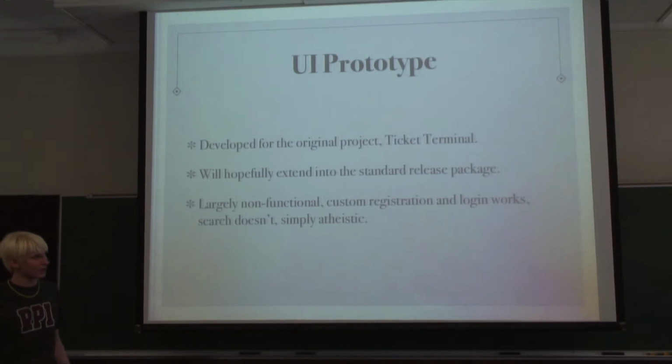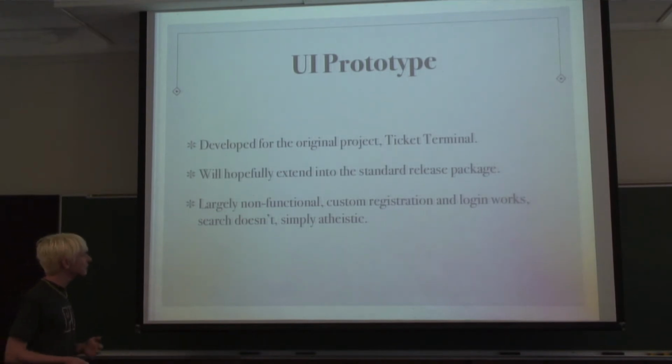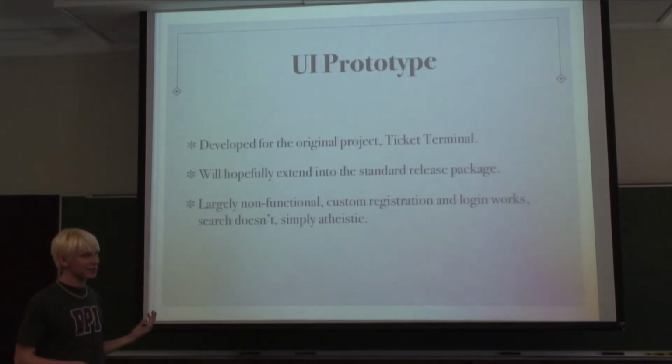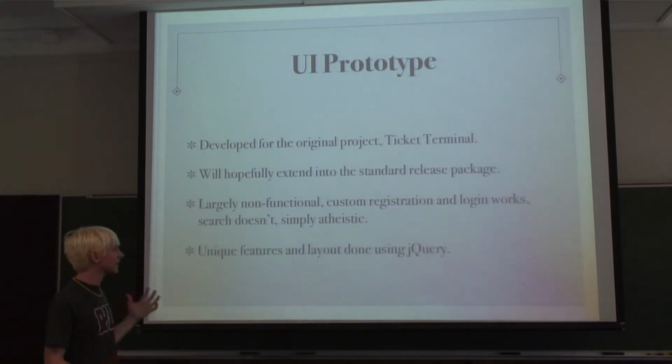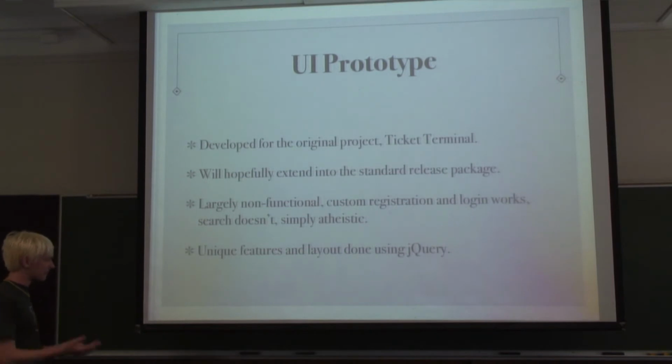I'd like to use some open source registration package because I want to make sure it's secure. I'm not extremely knowledgeable in security, so I don't want anyone's information to get stolen. Right now it has a search button that does nothing, but it looks cool is the point. I'm trying to design something that looks nice and works, and I use jQuery to make it look interesting.